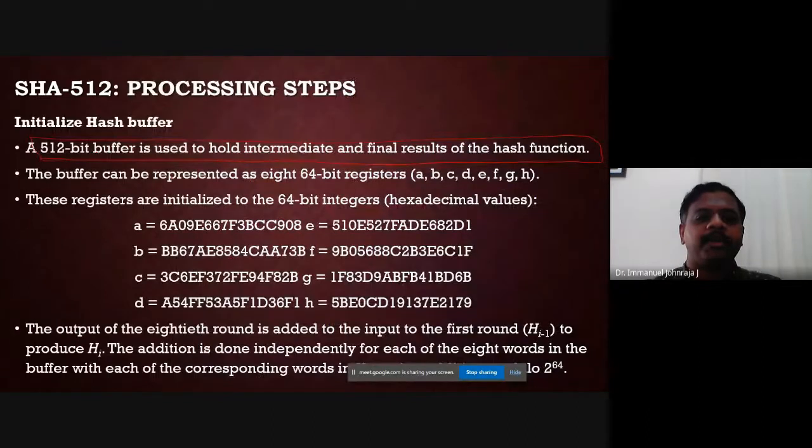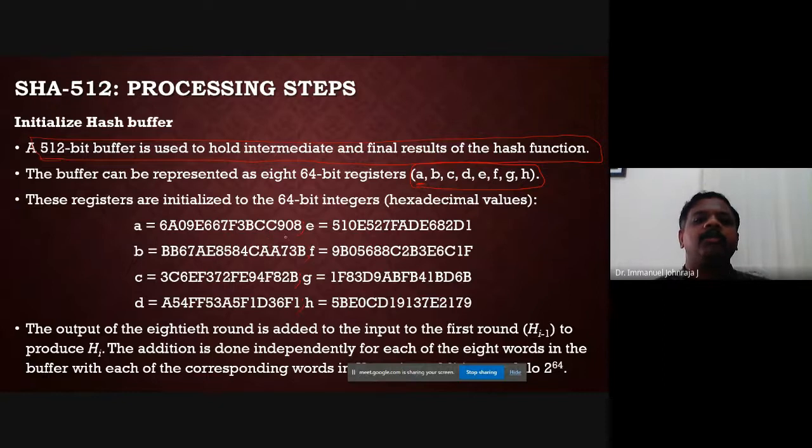Okay, so the buffer is represented as 8 registers, each of size 64 bits. Put together you will have 512 bits. They are represented in hexadecimal values. So this is A. I should have put a colon here. I'm sorry.